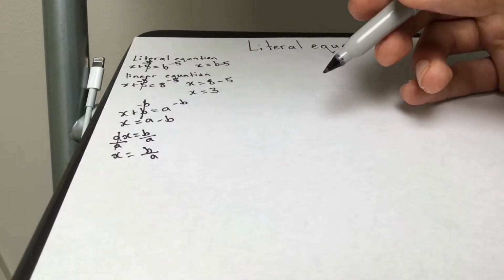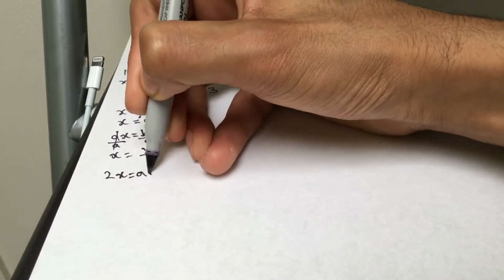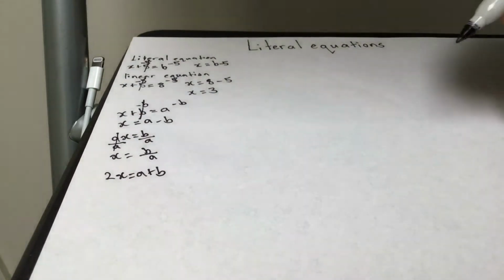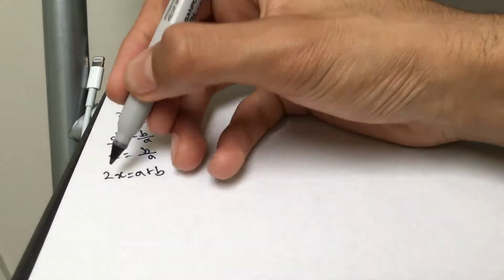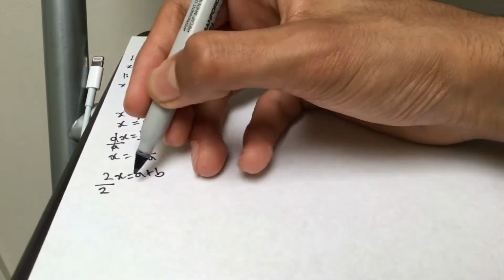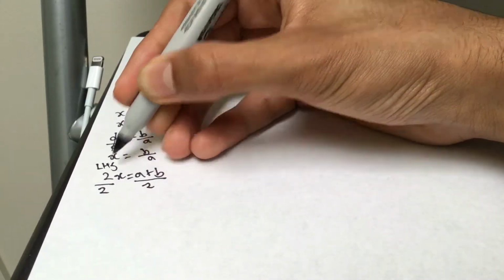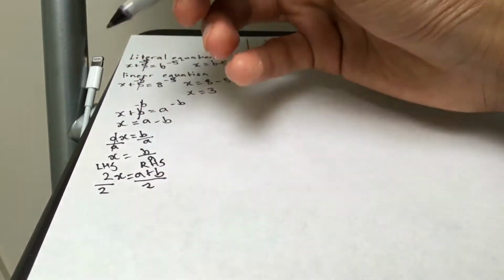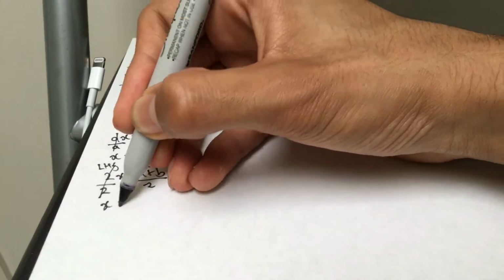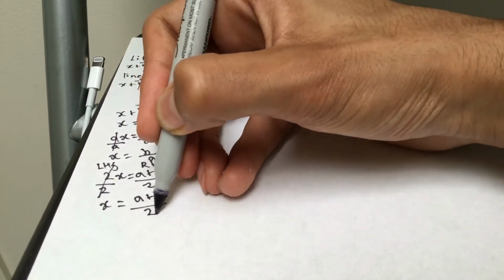Now let's do 2x is equal to a plus b. First of all, we're going to divide by 2 to get rid of 2 from the left-hand side. As we've done it to the left-hand side, we need to do it to the right-hand side. So that cancels out, and we're left with x is equal to a plus b over 2.